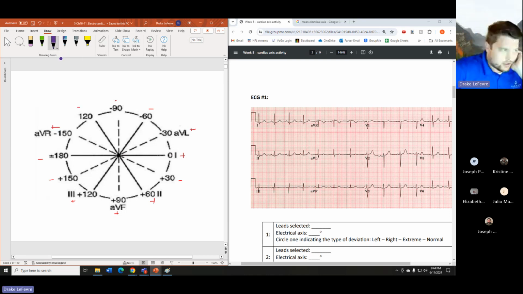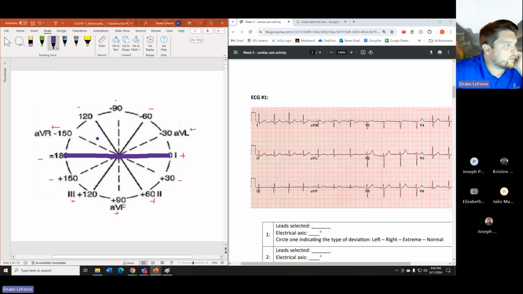The way that this works is we're going to use the lines that are perpendicular to the leads. So for example, lead 1. This is our lead 1 line. We have above and we have below lead 1.